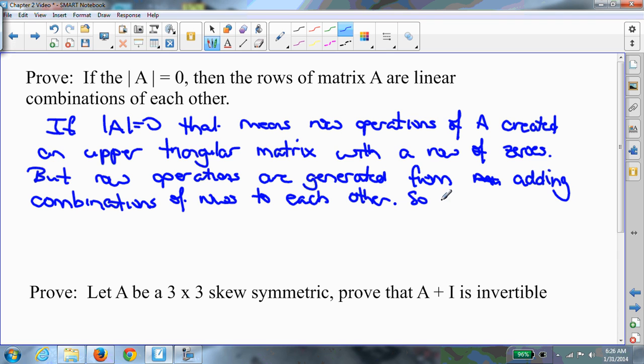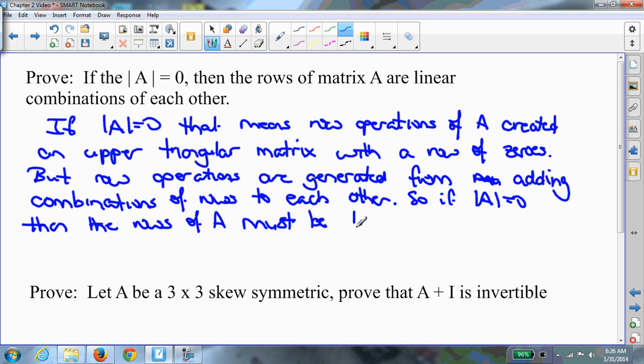So, if the determinant of A equals 0, then the rows of A must be linear combinations of each other.